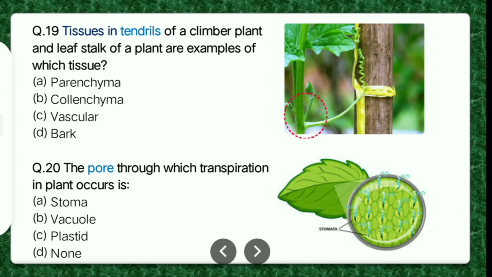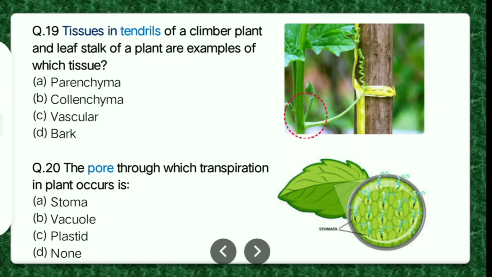Question number 19. Tissue in tendrils of a climber plant and leaf stalk of a plant are examples of which tissue? There are 4 options: parenchyma, collenchyma, vascular and bark. Now you know that a tendril is the modified stem of a plant. In climbers you might have seen this spiral structure which is the modified stem, and it provides support to the plant, because climbers are very weak and thin by nature, so they need the support of other plants.